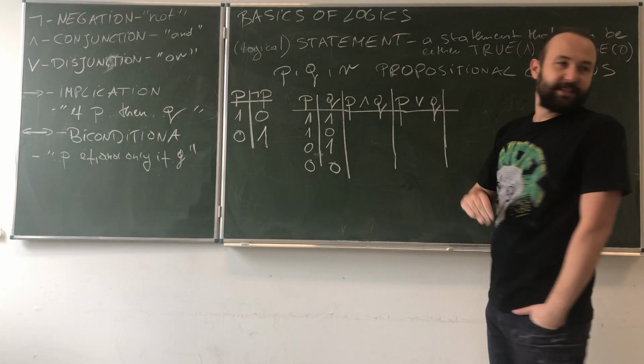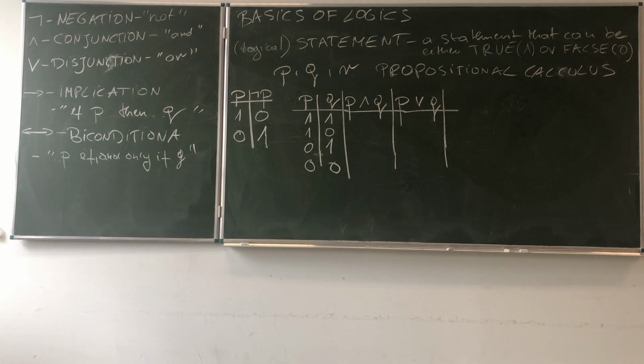On the other hand, in case of disjunction, at least one needs to be truthful for the entire statement to be truthful.